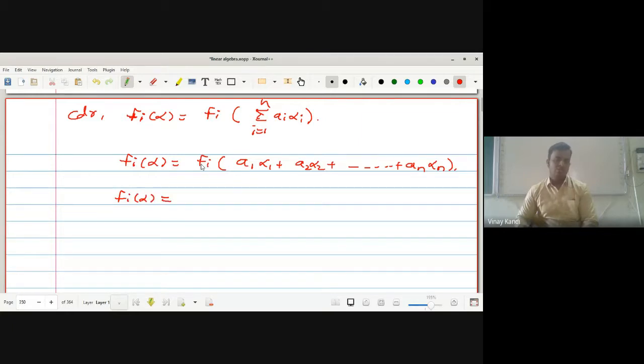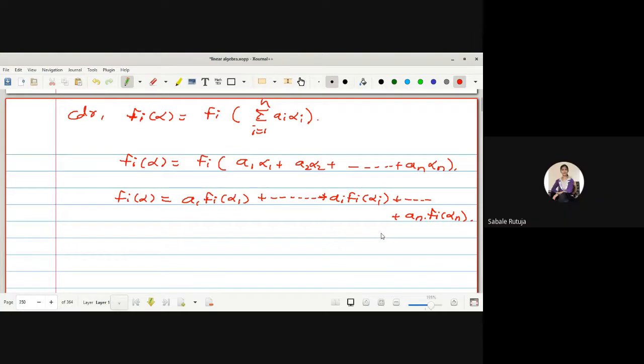Linear functional, that is, a linear transformation. So by the definition of linearity, we have a1 fi of alpha 1 plus, up to so on, ai fi of alpha i plus, up to so on, plus an fi of alpha n. Is it correct? Yes, sir.